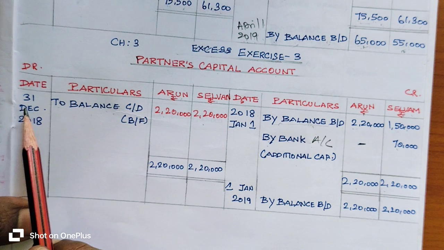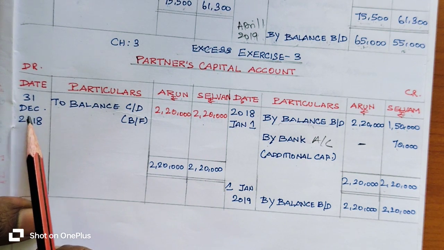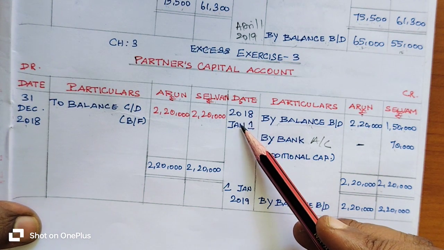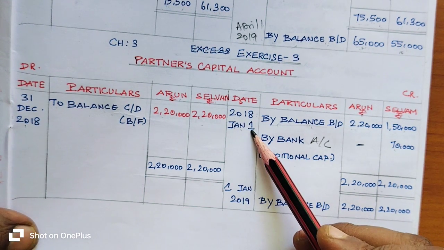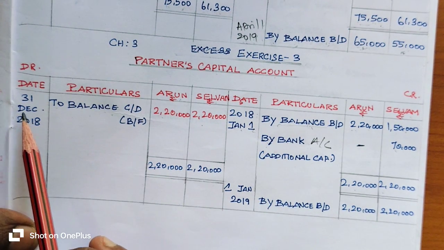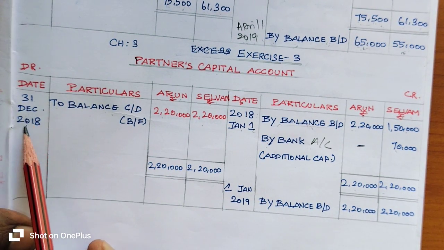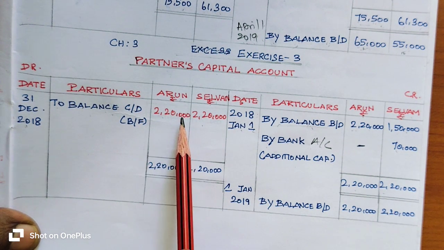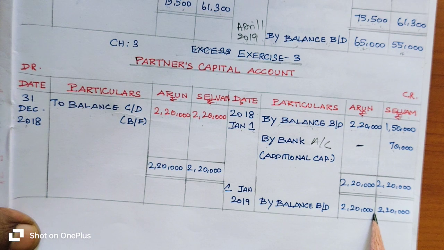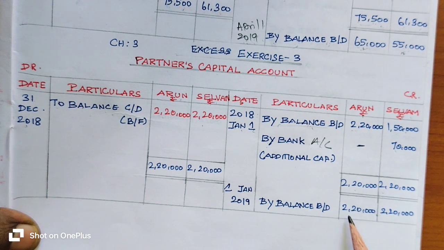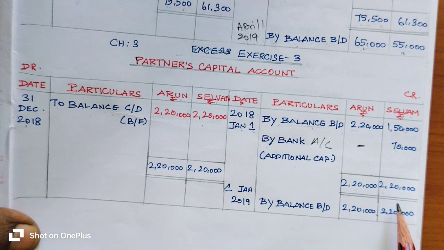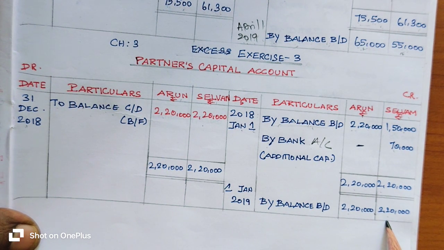The closing balance date is 31st December 2018. Opening balance date is 2018 January 1. Then you have to bring it down to the opposite side, and below the total you have to enter 2,20,000 and 2,20,000 accordingly.